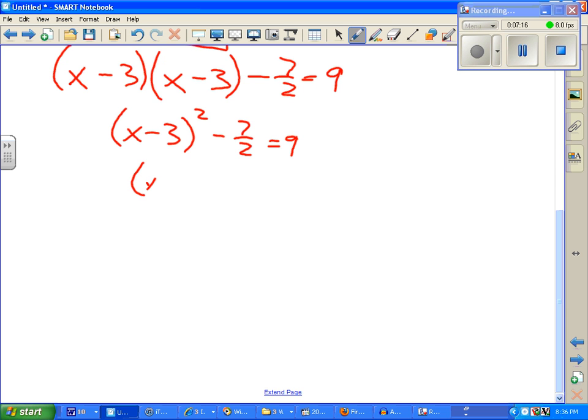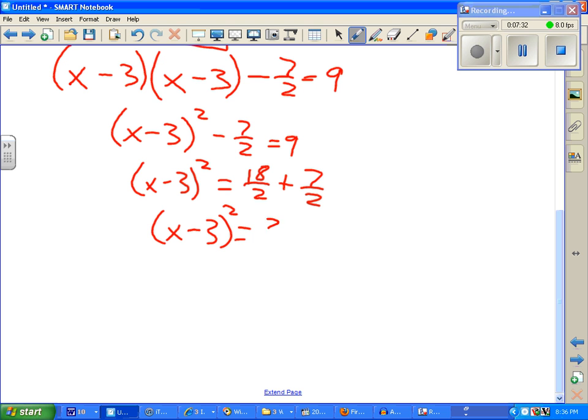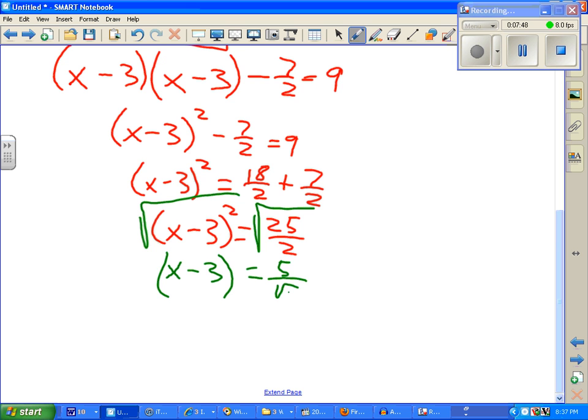So I'm going to have x minus 3 squared equals, I'll get a common denominator right away, 18/2 plus 7/2. 18 and 7 is 25/2. Now I have to take the square root of both sides, which leaves me with x minus 3 equals 5 over the square root of 2.